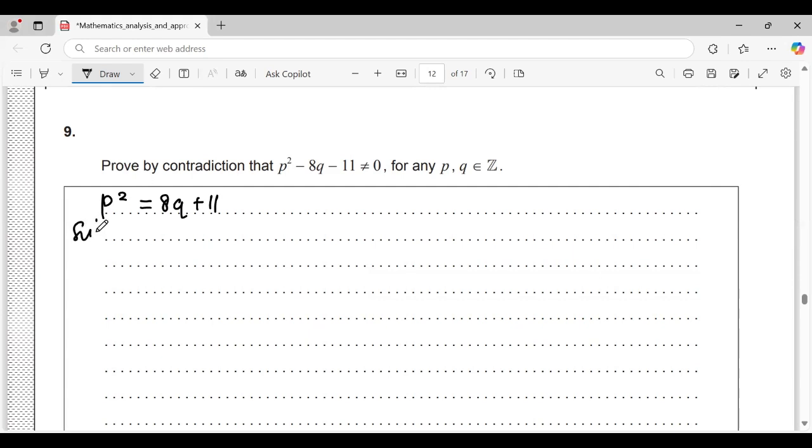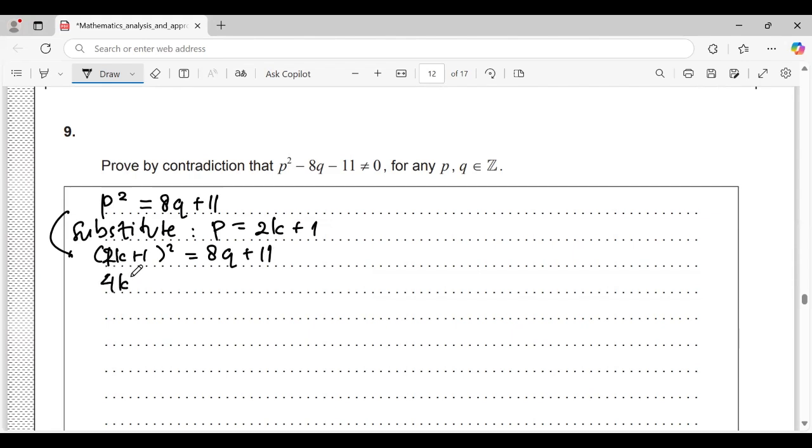Now substitute that p equals 2k plus 1. So this equation becomes 2k plus 1 squared equals 4q plus 11.